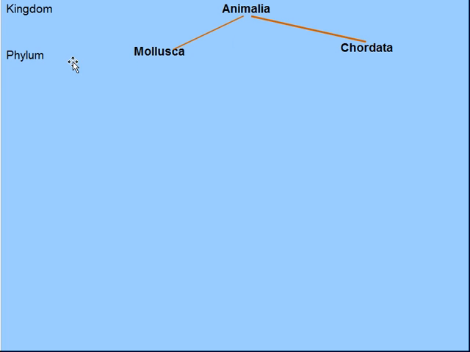Another branch of the animals would be Mollusca, so the snails and other things like that. Mollusca would be a different type of animal. These ones are all grouped on having a dorsal hollow nerve cord and a few other things.